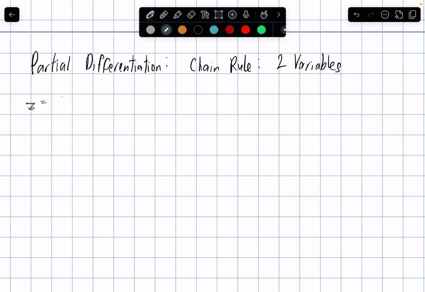Okay. 4x squared plus ln y. It is the same thing, but for x we have s sine t plus e raised to 2s. For y, we have cosine t minus s squared.